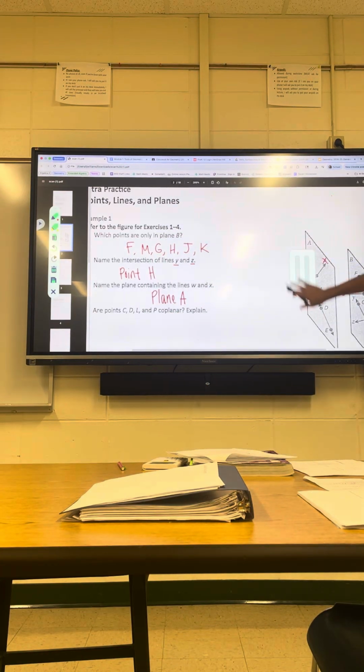And then last question, are points C, D, L, and P coplanar? Are all of these points in the same plane?